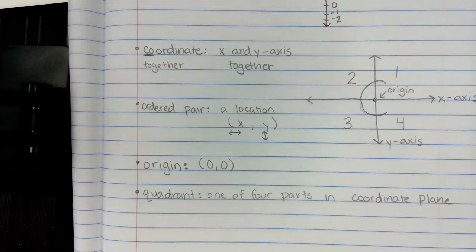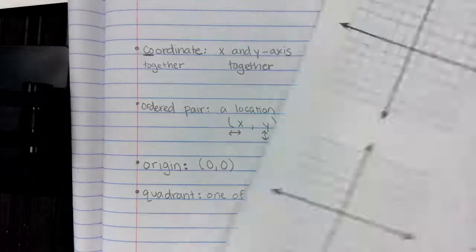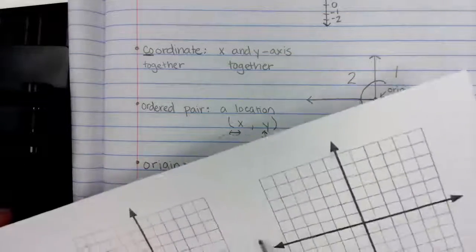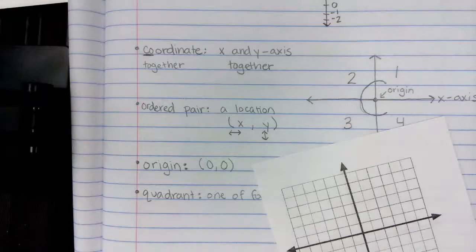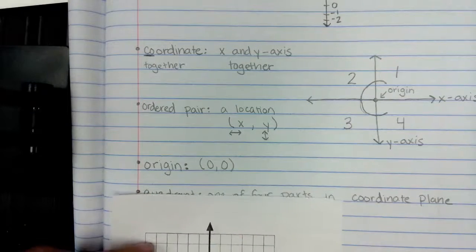All right, what you're going to do real quick is you are going to take these graphs that are in your table. You're going to just cut one graph. It doesn't need to be beautiful. Just cut it so it's a graph. You just need one.